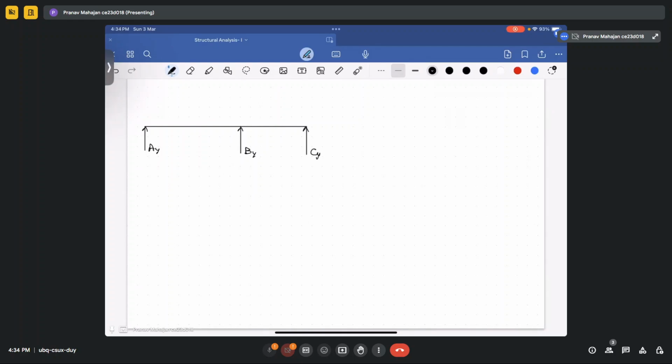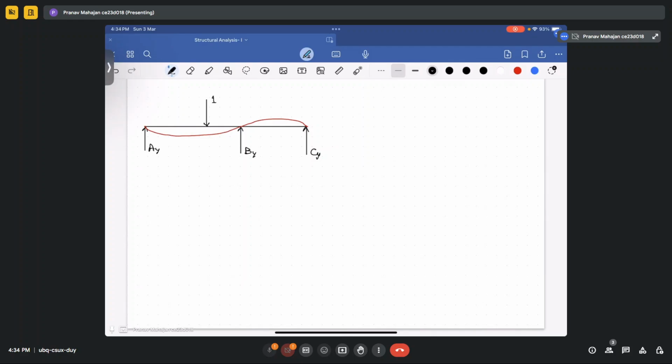And this is your deflected shape. And suppose there is one point load here in between A and B right now.